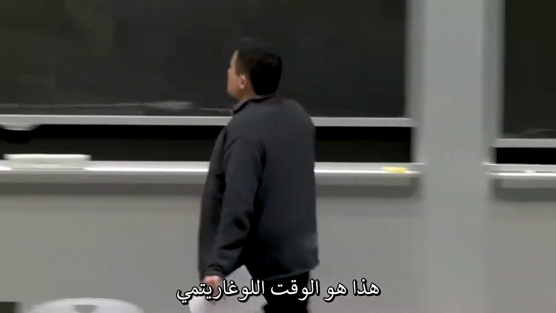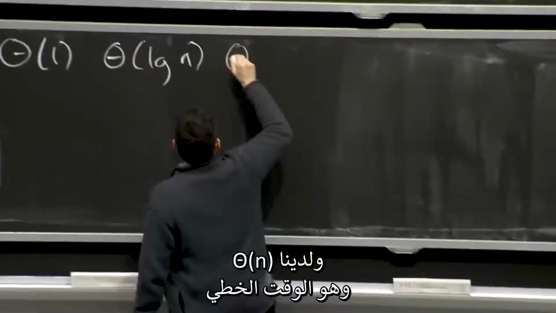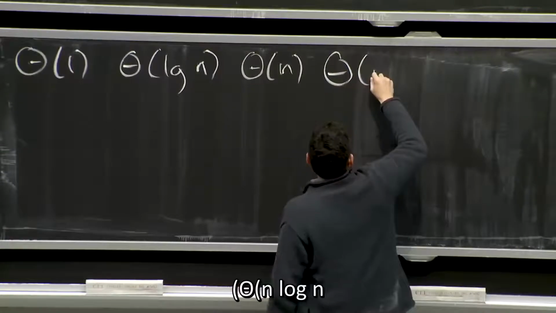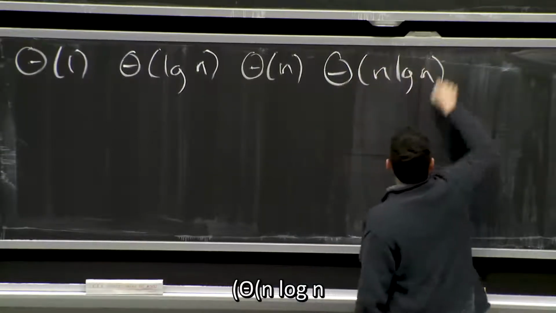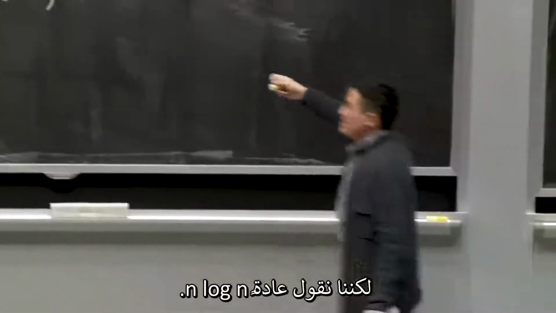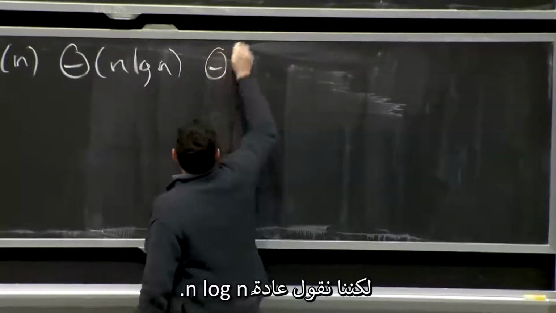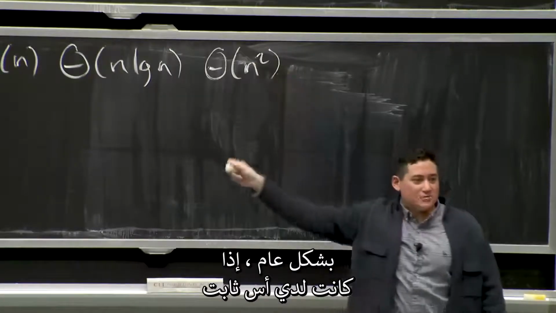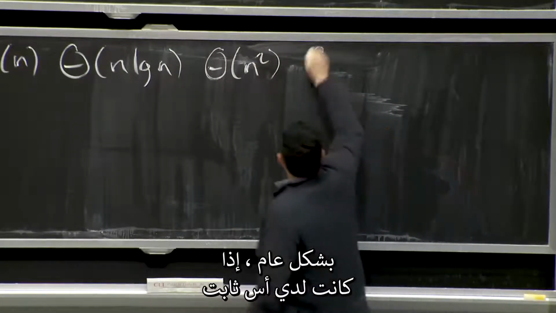This is logarithmic time. We have theta n, which is linear, n log n. Sometimes we call this log linear, but we usually just say n log n. Okay, we have a quadratic running time. In general, if I have a constant power up here, right?